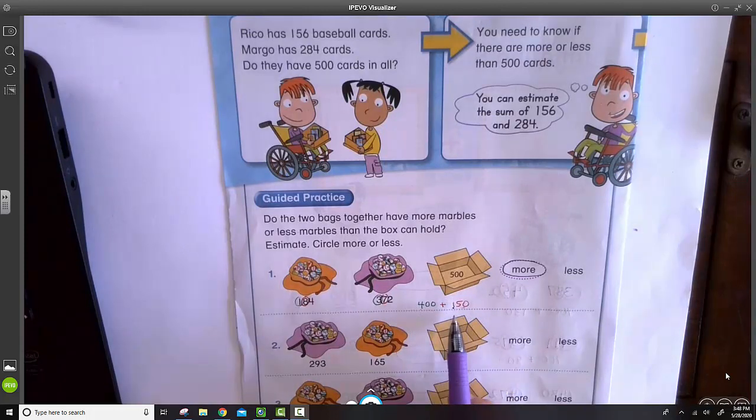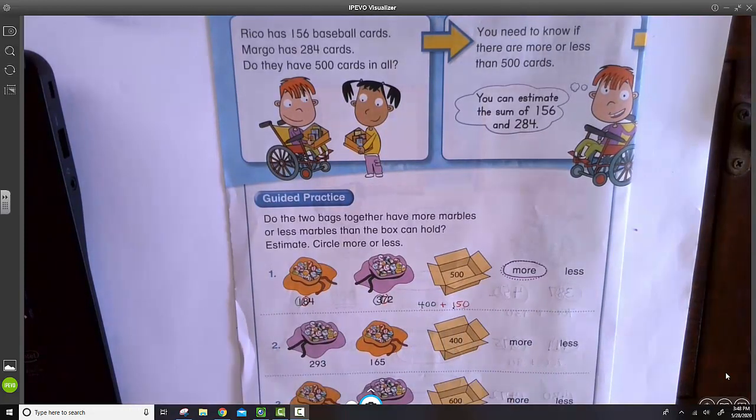And it was quite simple, just looking at the hundreds and the tens. We'll do one more problem together, and then I believe you are completely capable of doing this work on your own. Next, we have one set of marbles and another set of marbles, 293 and 165, these two sets of marbles. Our target number is 400.